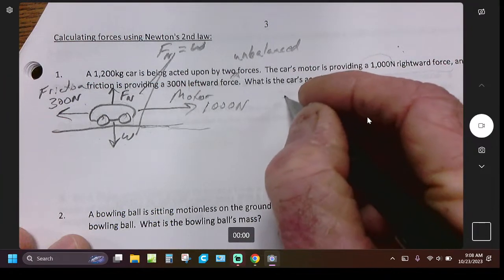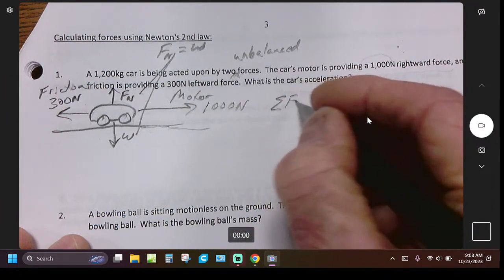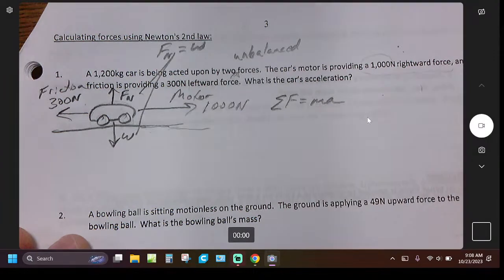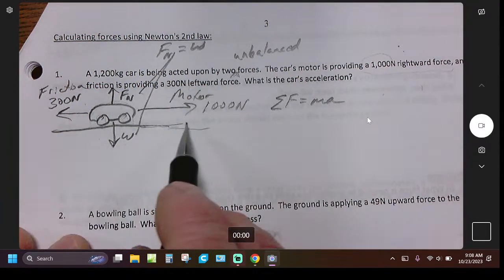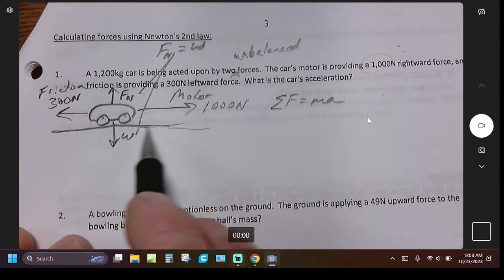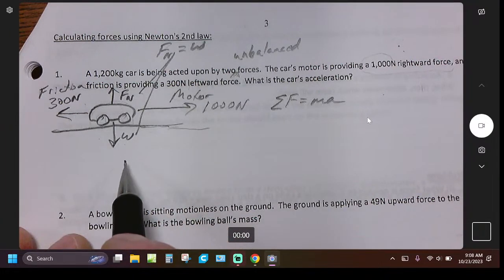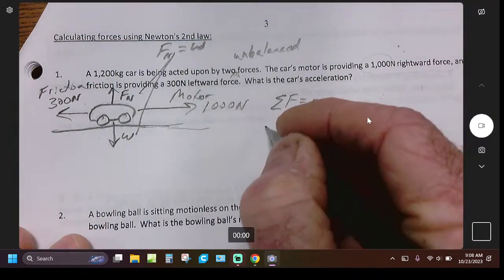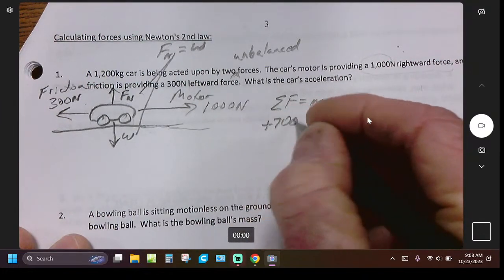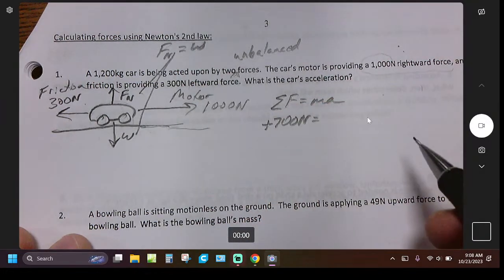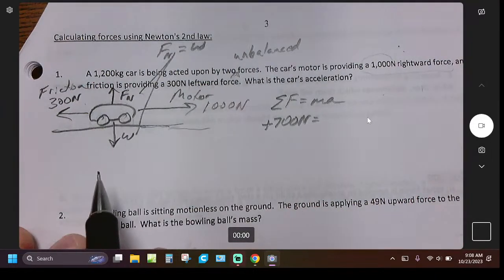Now I'm going to use Newton's second law. Net force equals ma. Can you tell what the net force is? How many newtons and which way? 700 to the right. So I'm going to write plus 700 equals, do we know the mass of the car?